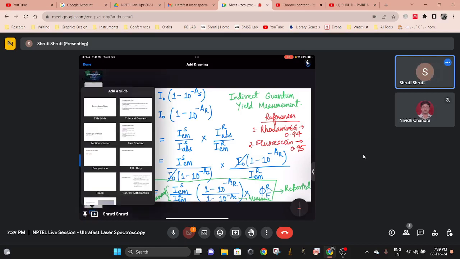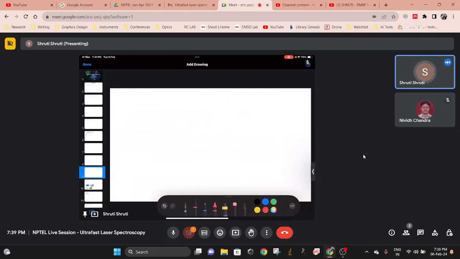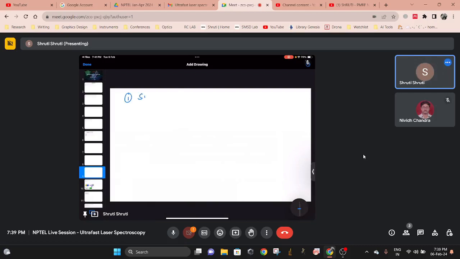But here in the indirect measurement, we need to take care that we should use the same instrument. We should use the same instrument to do all the measurements of the sample and the reference.